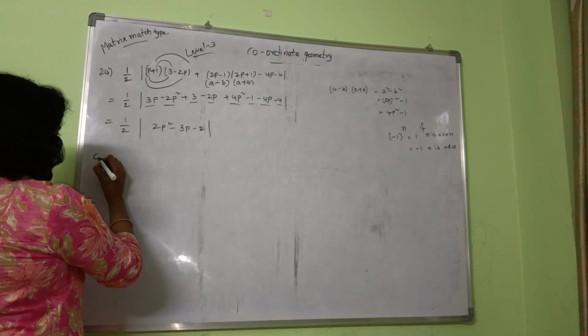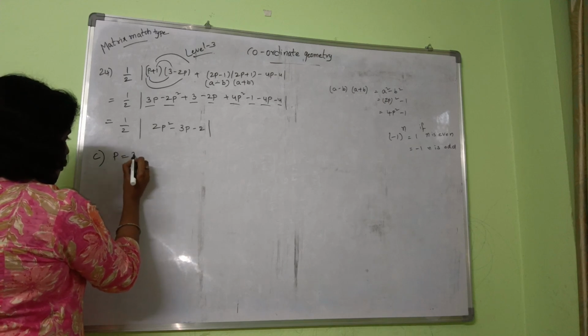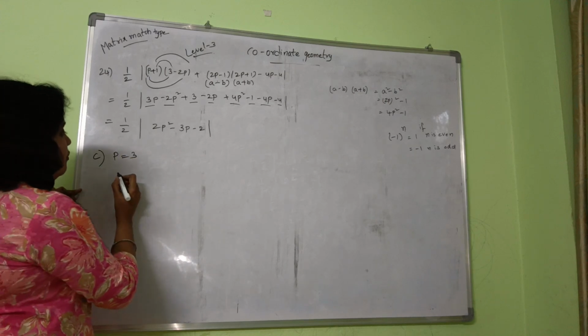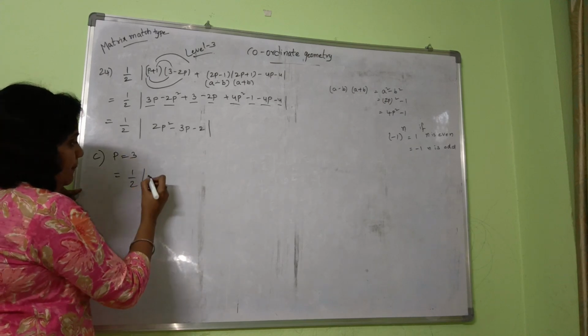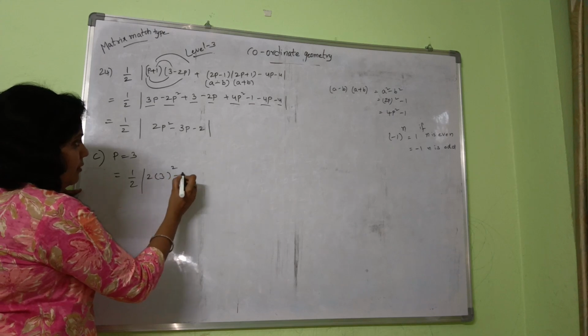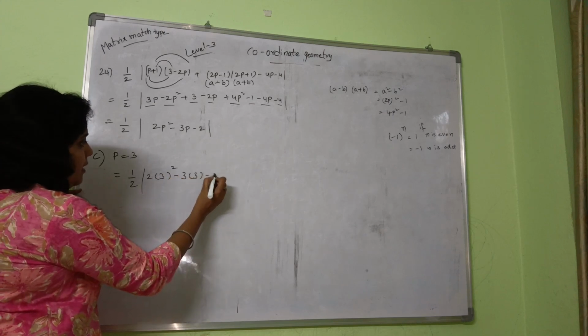For the same expression, we are doing it for p is equal to 3. Okay. So 1 by 2, in the place of p I am just keeping the value 3. Minus 3 minus 2.